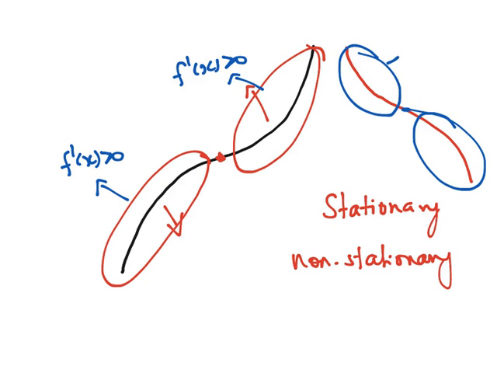In this case, here f dash of x is negative, this is the point of inflection, and here also f dash of x is negative. This is a very important point. Before and after a point of inflection the first derivative will have the same sign. It is true always. So point number one is that.